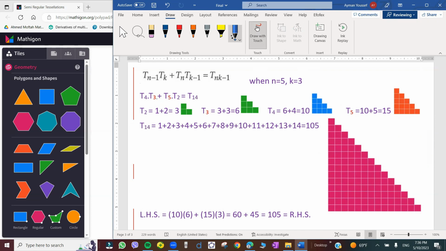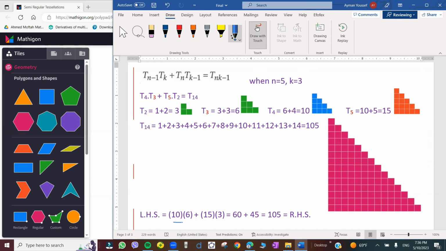So the left-hand side equals term number 4, which is 10, and term number 3 is 6.